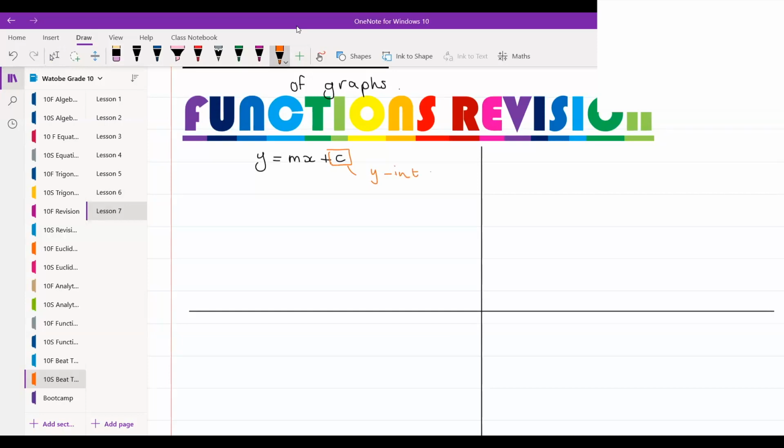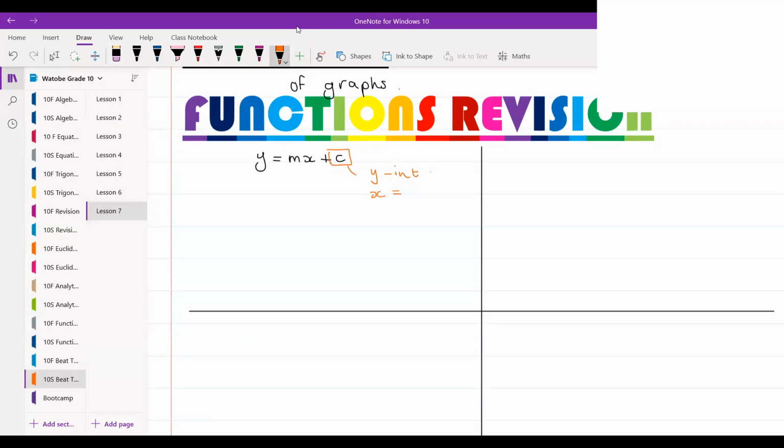So when we are looking at solving for a straight line graph, we always need to look for the y-intercept because that's the c value that we're going to get here. Now, we know that when we look for the y-intercept, x needs to equal what? Good, Remo. Excellent, Anna.